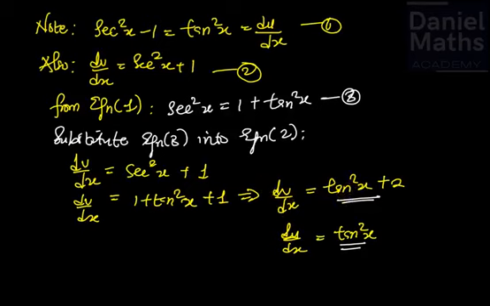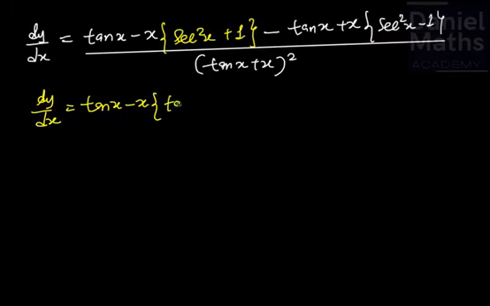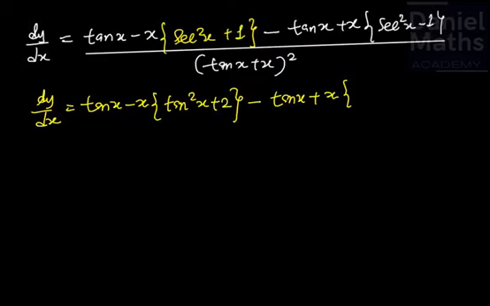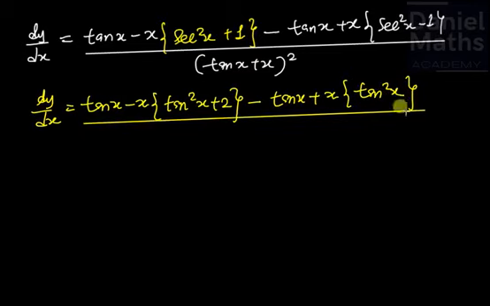So this is tan square x plus 2, and then minus, here I have tan x plus x, into tan square x, which is my du over dx. All of this is being divided by tan x plus x raised to power 2.